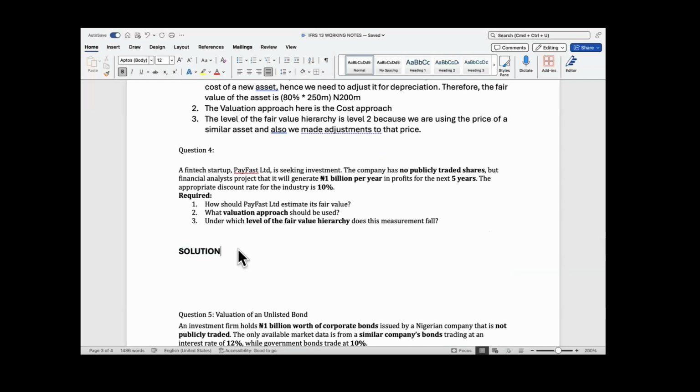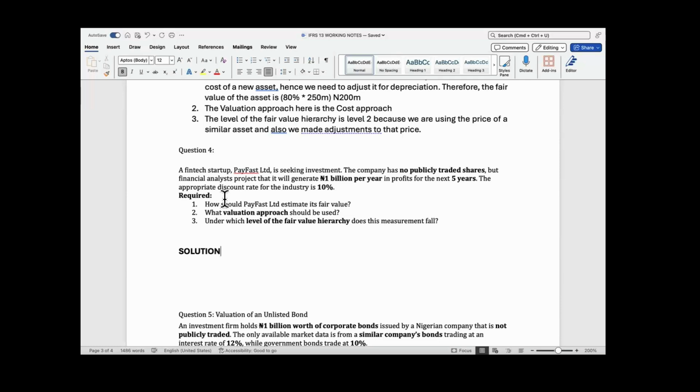The appropriate discount rate for the industry is 10% required. 1. How should PayFast Limited estimate its fair value? 2. What valuation approach should we use? 3. Under which level of the fair value hierarchy does this measurement fall?